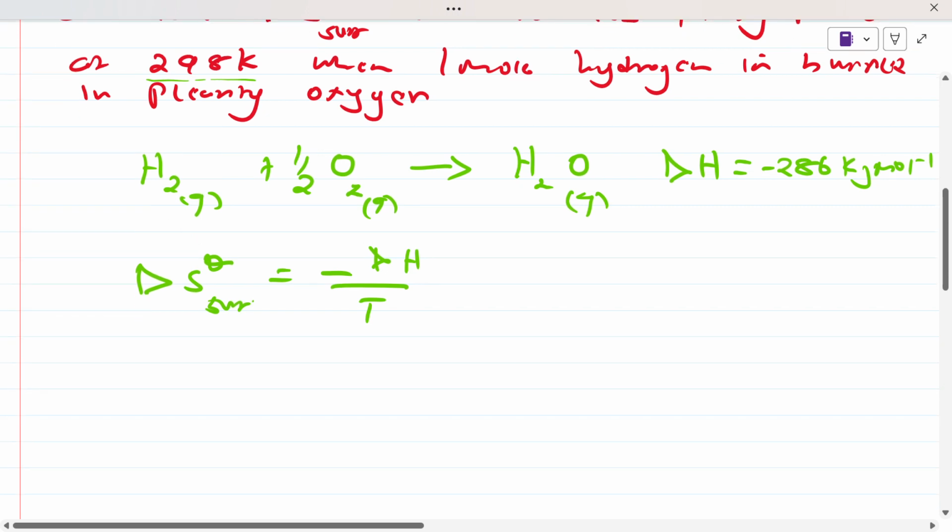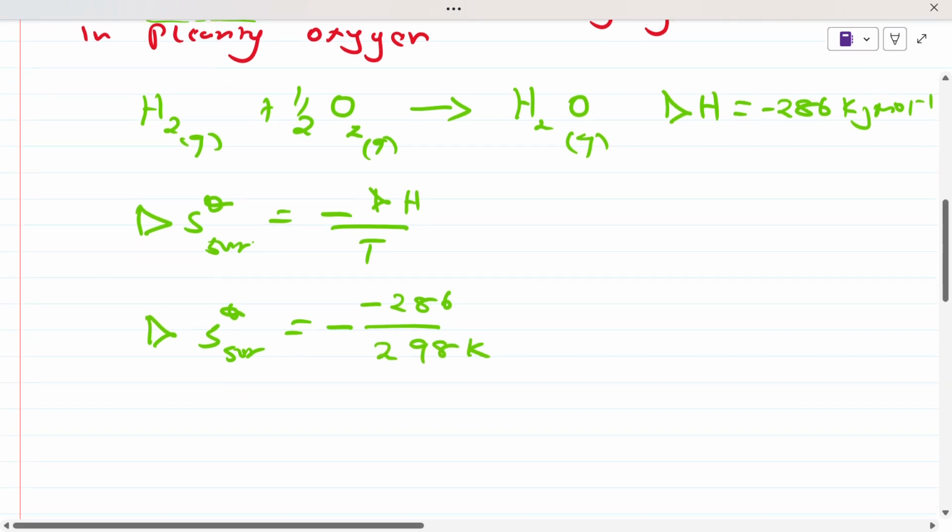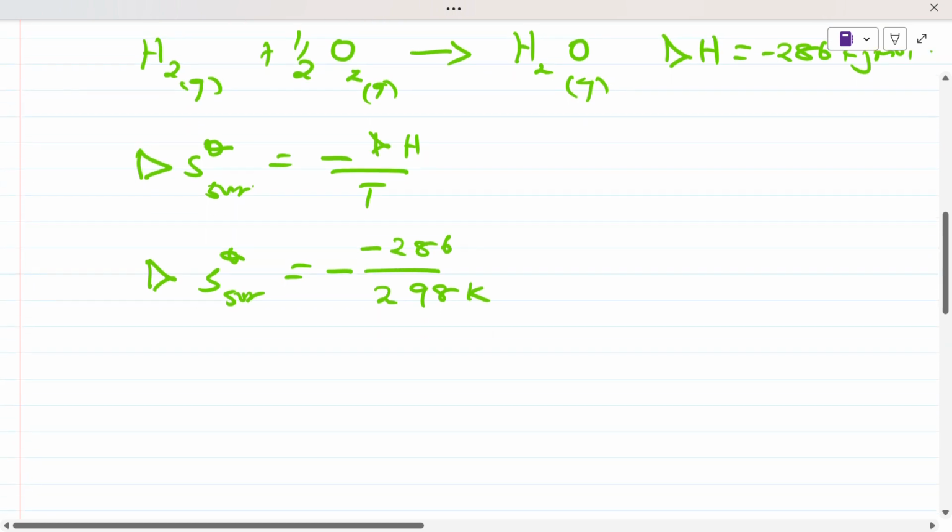So we simply introduce them into the formula. So I'm going to have delta S of the surrounding equal to the negative of negative 286 over 298 Kelvin.